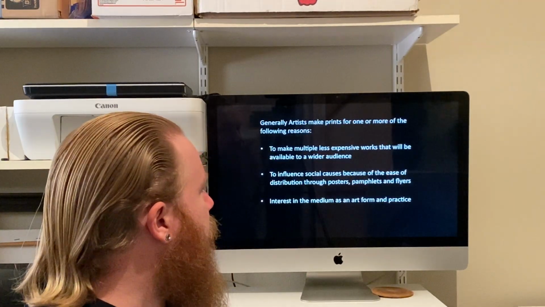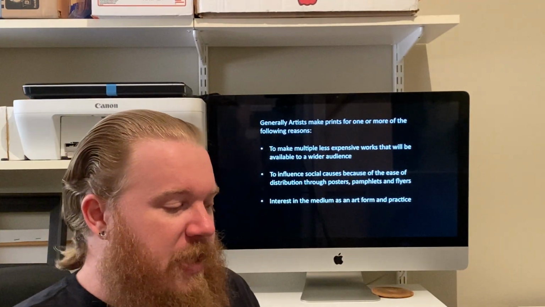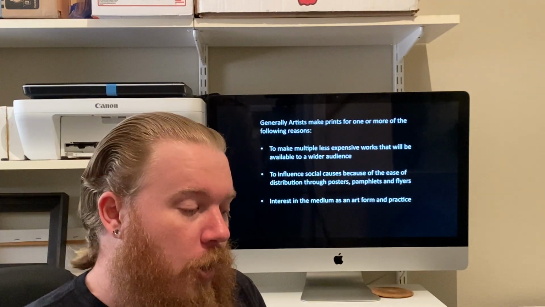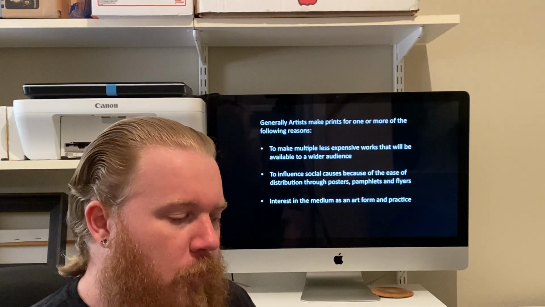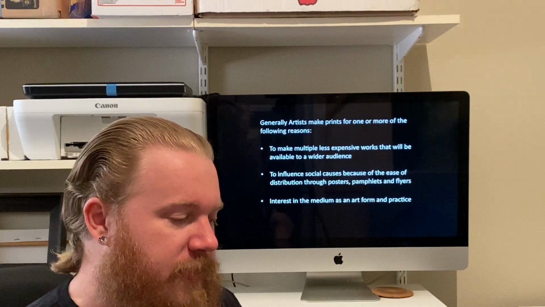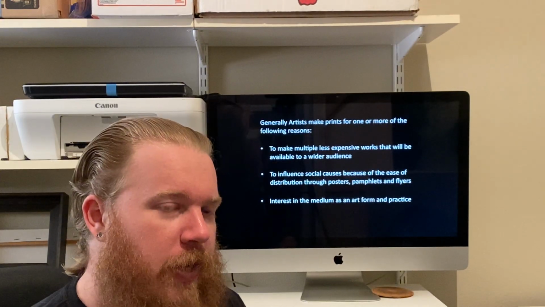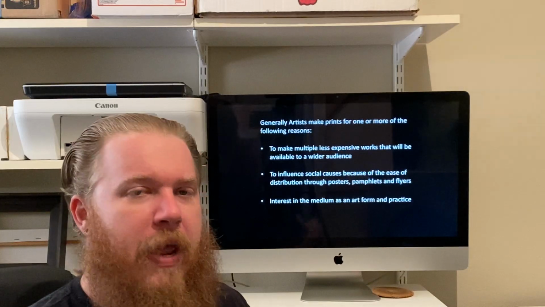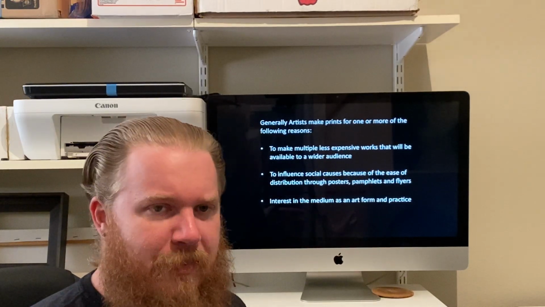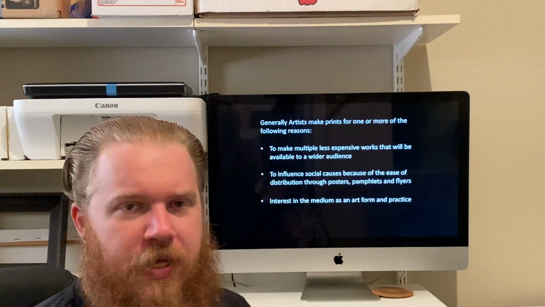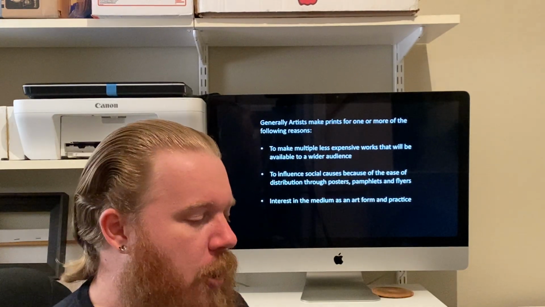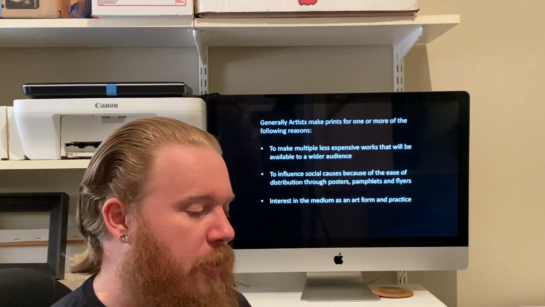So jumping in. Generally speaking, artists make prints for one or more of the following reasons. To make multiple, less expensive works that will be available to a wider audience. We can make one print image and then pull multiple copies from that, available to a wider audience for less expensive means.